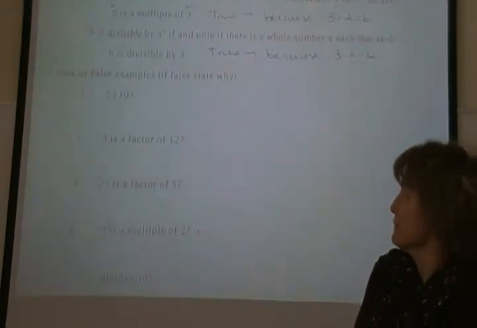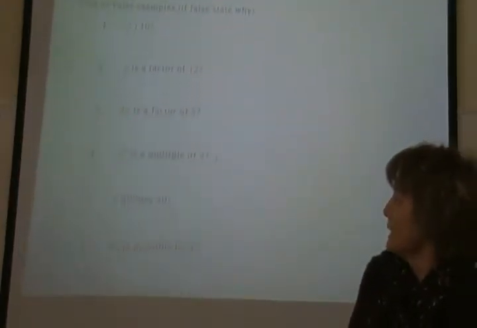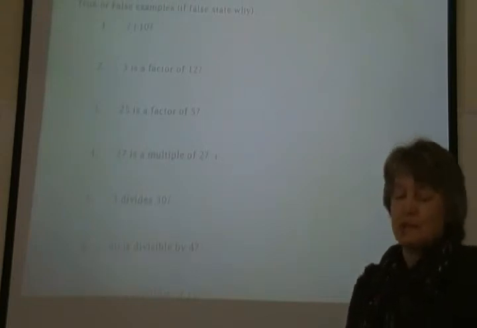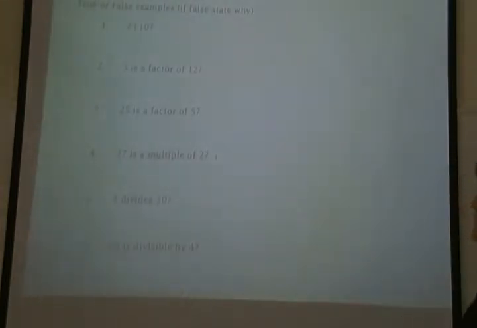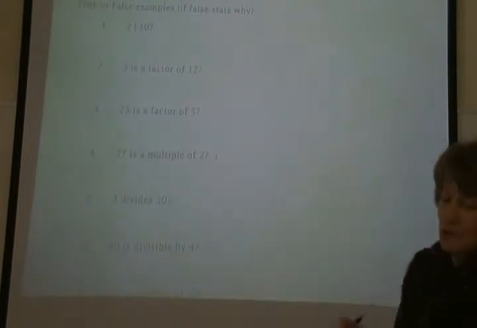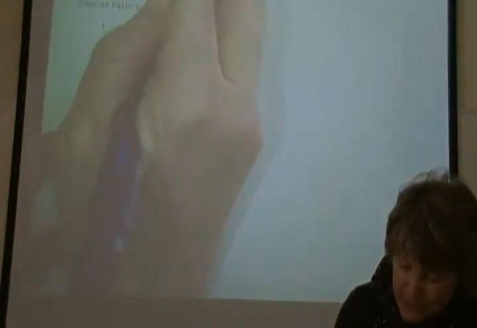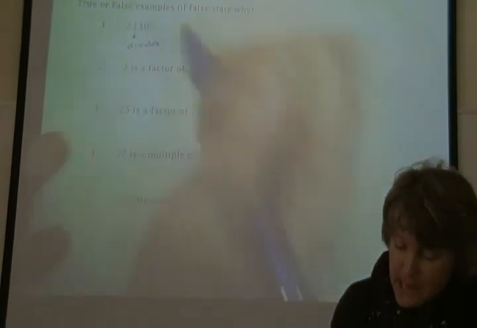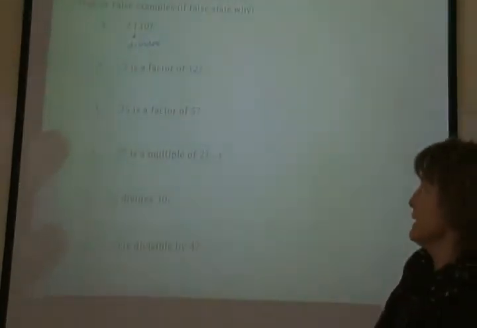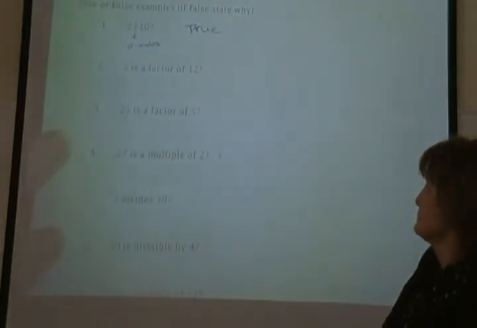So we're going to look at these true and false examples and try to use that information to decide whether they're true or false. So number 1, that vertical line means divides. And this is asking, does 2 divide 10? And the answer is yes, it's true. 2 divides 10.